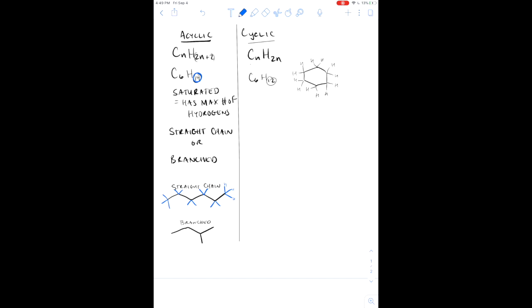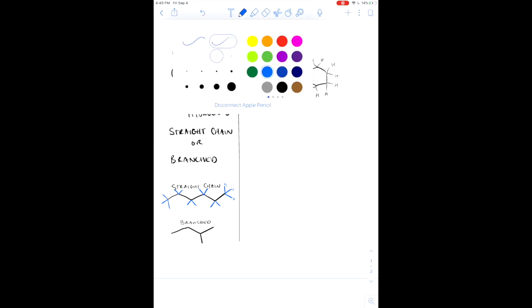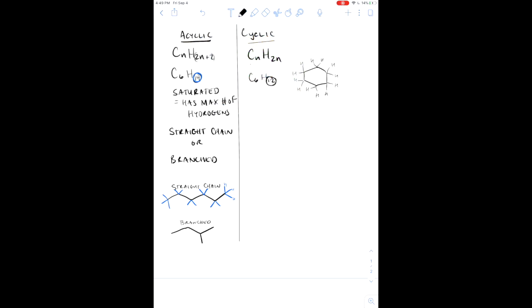And that goes to show you that we have 14. If you wanted to think about how these are actually formed, or justify the loss of those 2 hydrogens to give you 12 in the cyclic form, well, if you draw it like this, 1, 2, 3, 4, 5, 6, where our hydrogens at the end are 1, 2, 3 and 1, 2, 3.